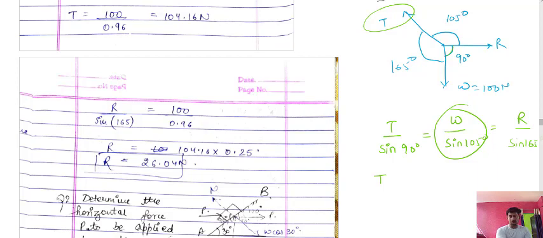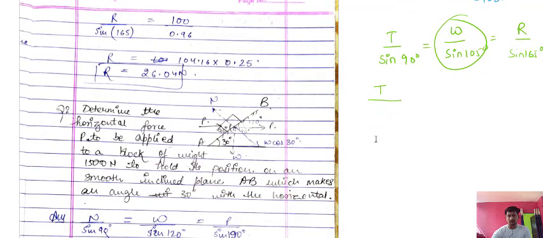So now you can calculate the value of the tension, that will be equal to T upon sine 90 equal to W, which is 100 Newton, divided by sine 105.